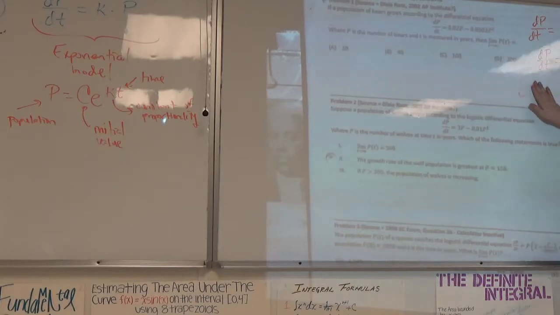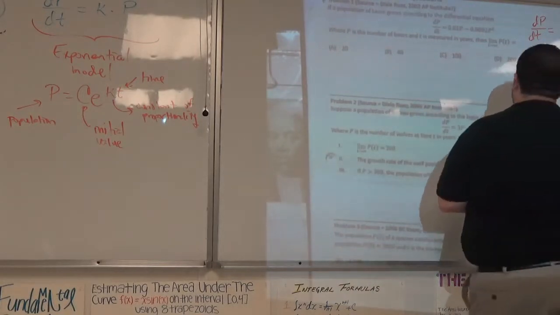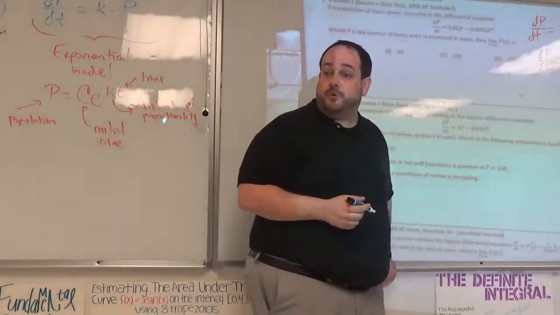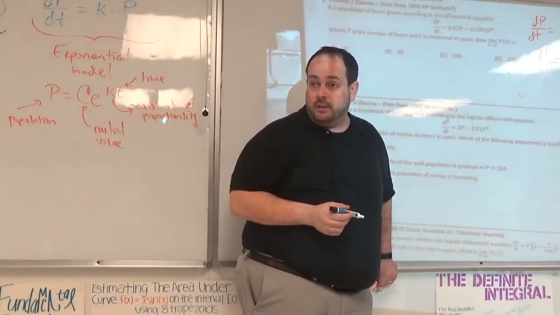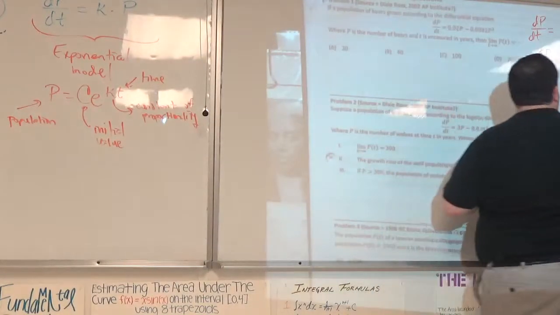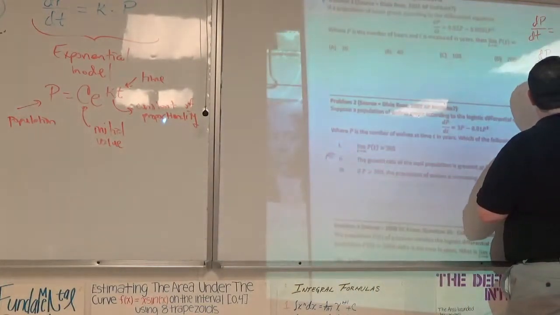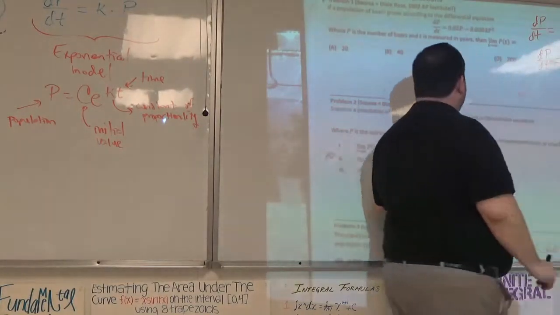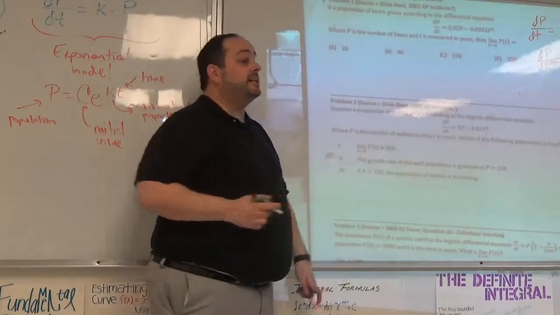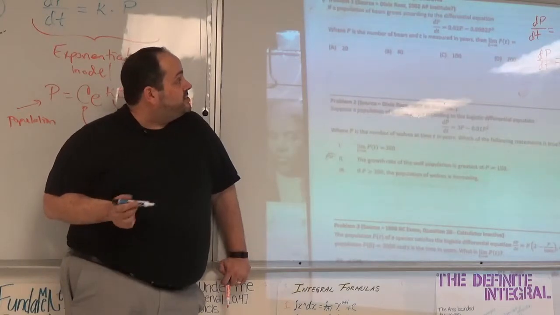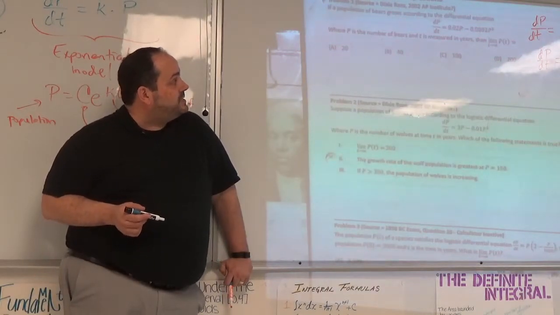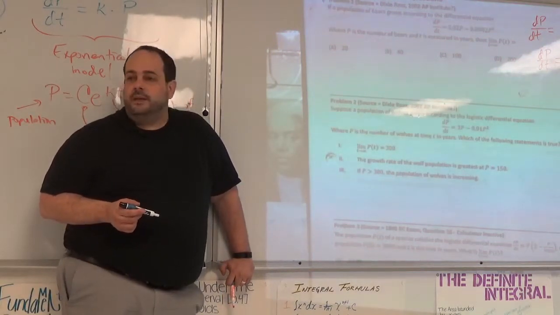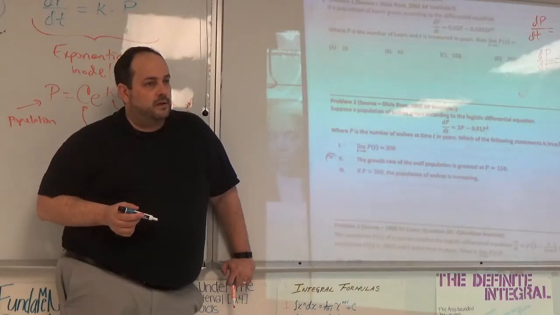What's the limiting capacity here? The limiting capacity, the most number of bears I can support is 1,000. Right, this guy over here is your limiting capacity. That's not the answer. The question says, where P is the number of bears and t is measured in years, what's the limit as t approaches infinity?